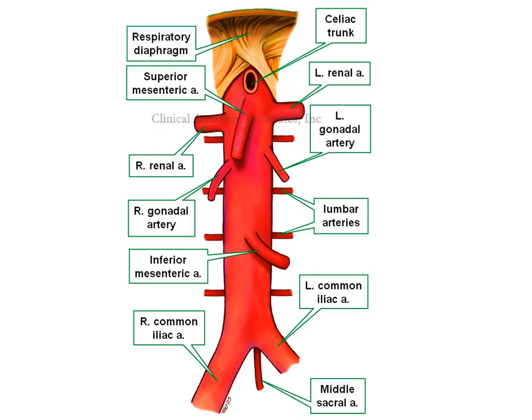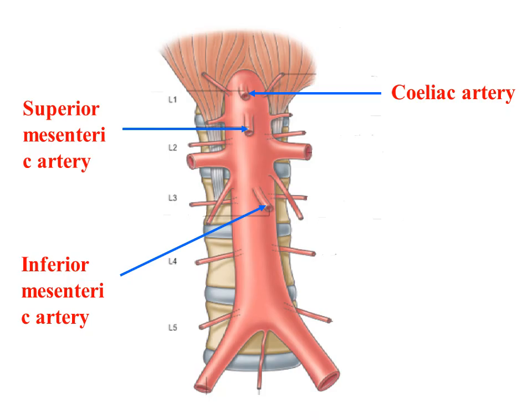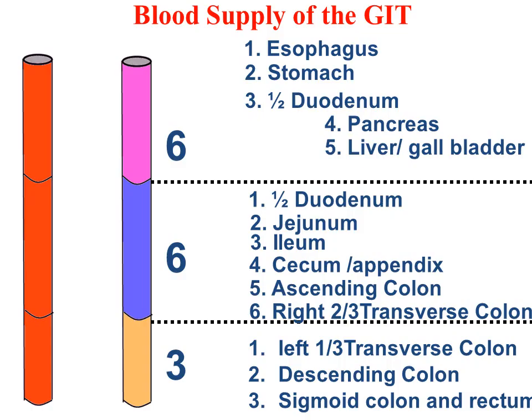For the 5 lateral, we have lumbar arteries, and for terminal branches, we have middle sacral and the left and right common iliac. Here also, this is the celiac artery, superior mesenteric artery, and inferior mesenteric artery. These are the 3 unpaired visceral branches.